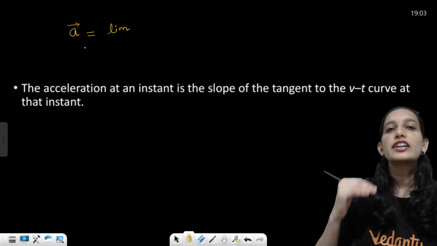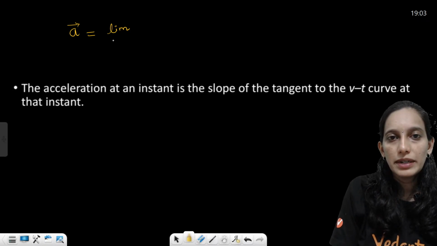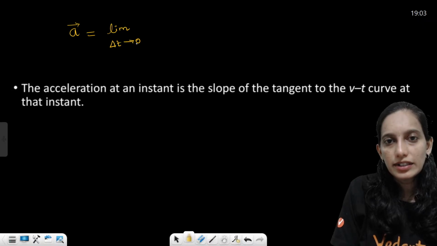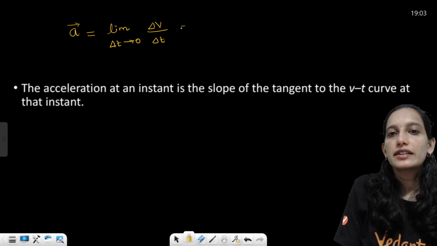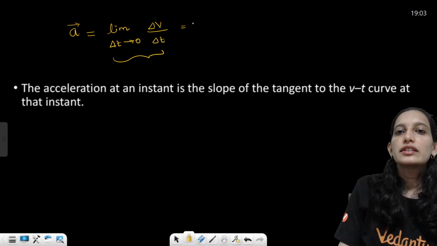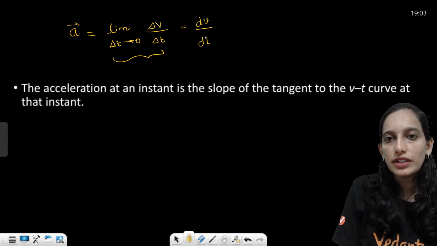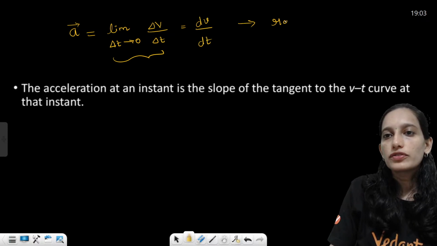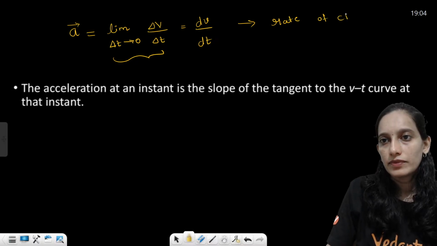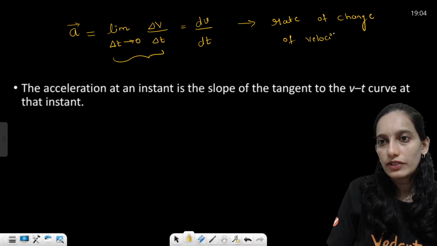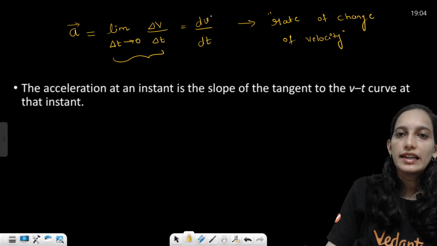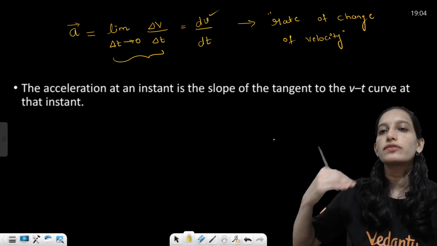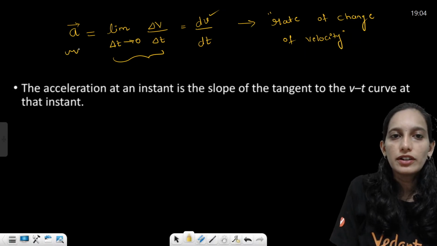The acceleration at a given instant of time is equal to limit as delta t tending to 0 of delta v by delta t, or by calculus this is nothing but dv by dt, rate of change of velocity. As I just told you, d by dt means rate of change. Here we have velocity, that's all.